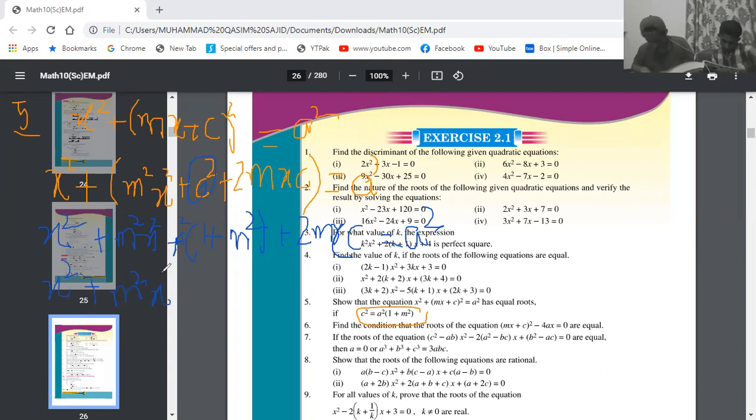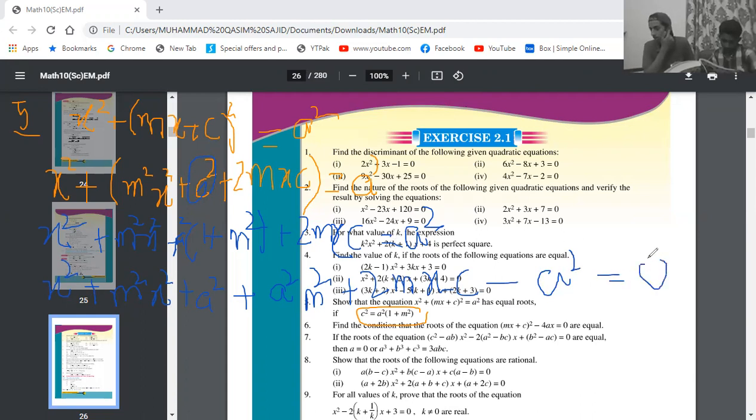So this value must be x square plus m square x square plus a square plus a square m square plus 2mxc. Then the a square must be transferred here, so there must be a negative a square equals 0.